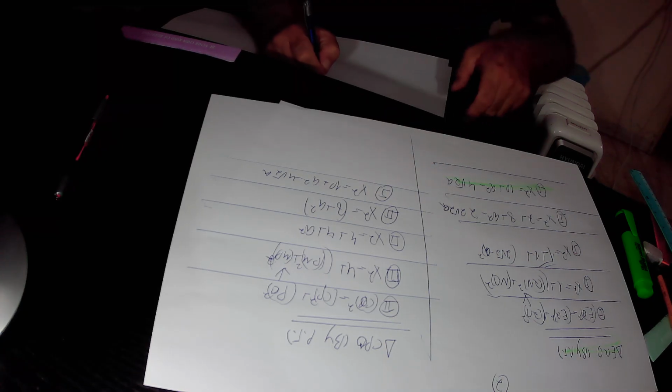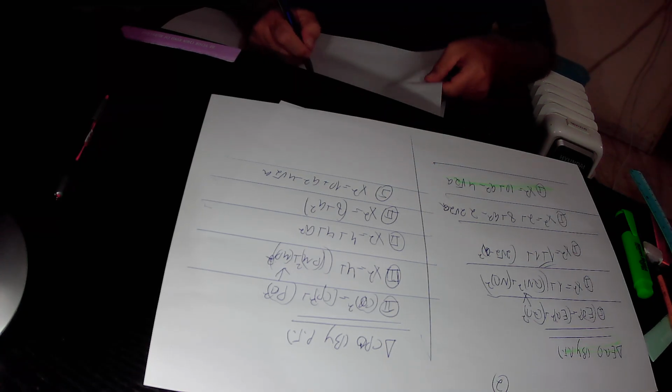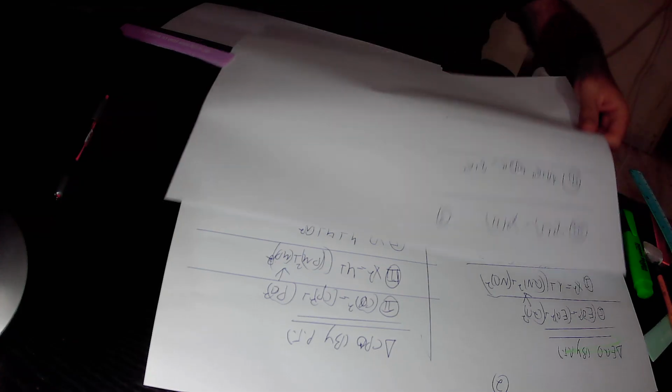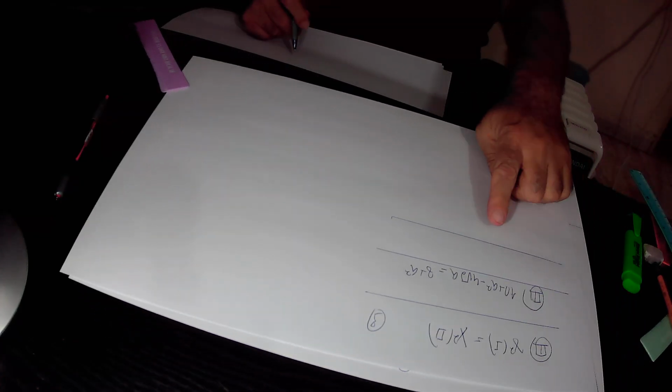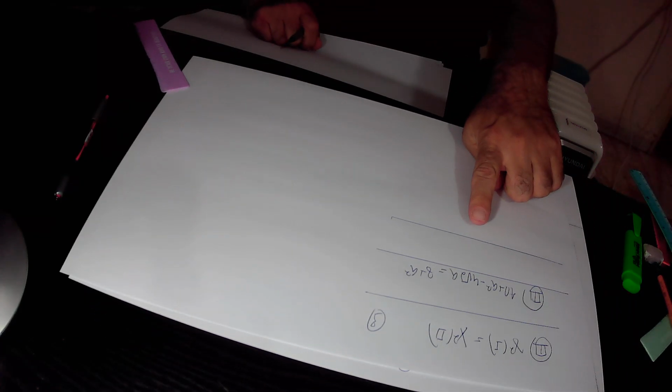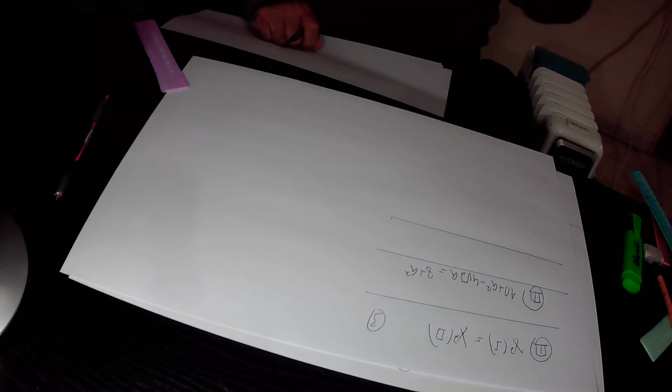So in total, according to equation 3, 10 plus a squared minus 4 times square root of 2 times a equals 8 plus a squared.